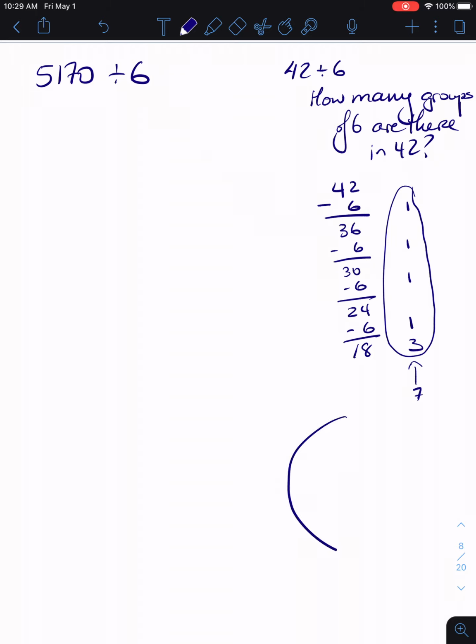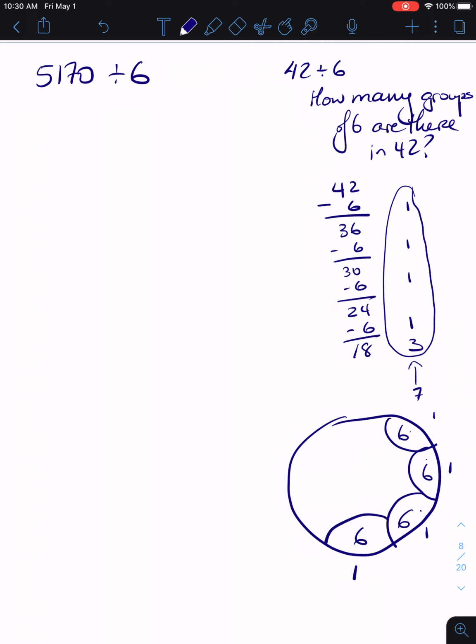So visually, this would look like this. Let's say this is our circle of 42. They take one group of 6 out, that's 1, another group of 6 out, that's 1, and another. When they take the first 6 out, they have 36 left. Then this 6 out, that's 30 left, and 24 left.